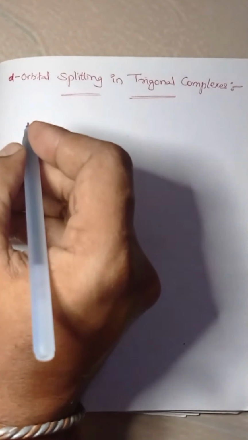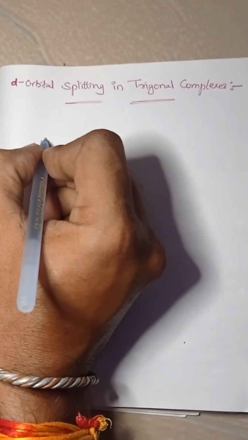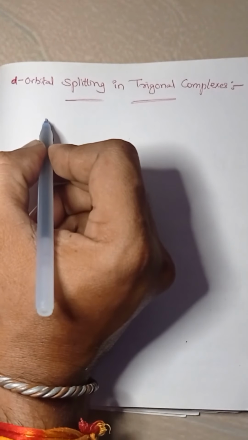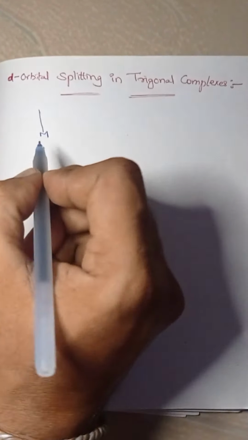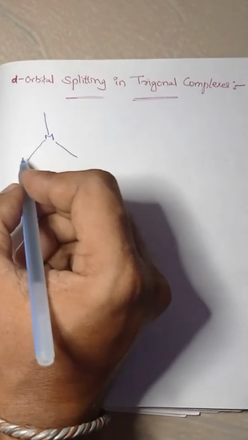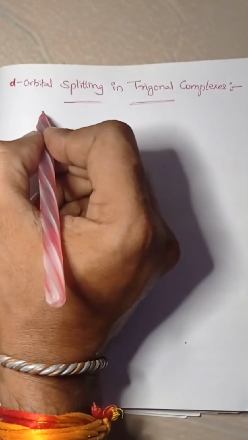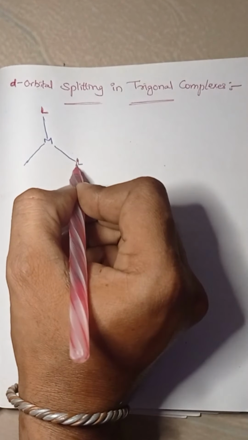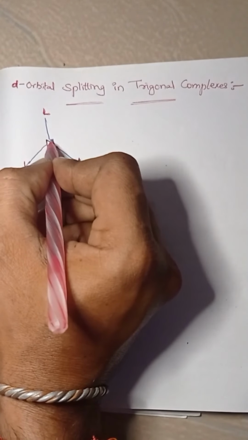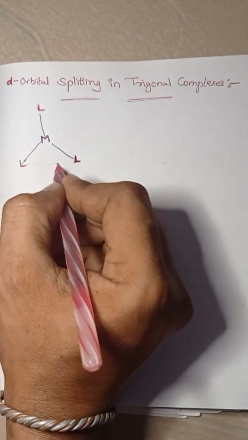The trigonal complex is a three coordinated complex, has the metal ion at the center of the trigonal, and the three corners of the trigonal face are occupied by the three ligand sites. Right. This is what the trigonal complex is.